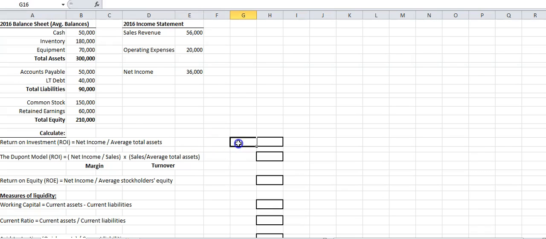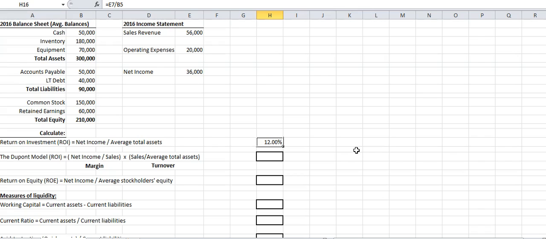So this is quite simple. You're going to take your net income and you're going to divide it by your total average assets. And so in this case, the answer is going to be 12%, right? Net income divided by average assets will give you your return on investment.